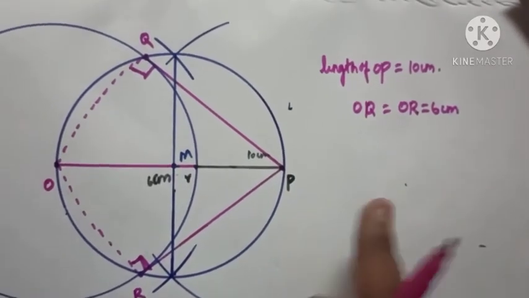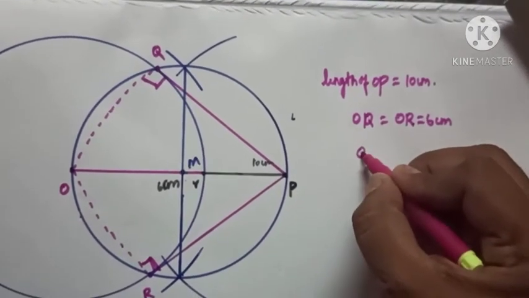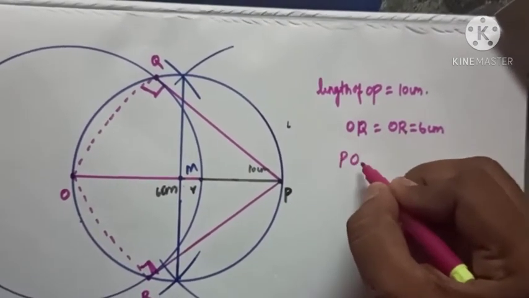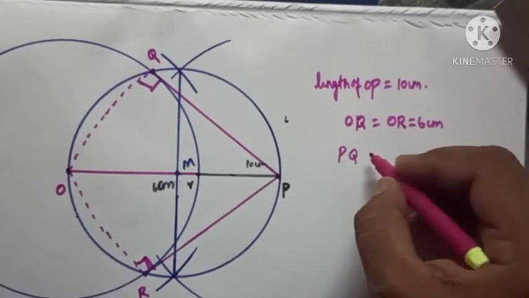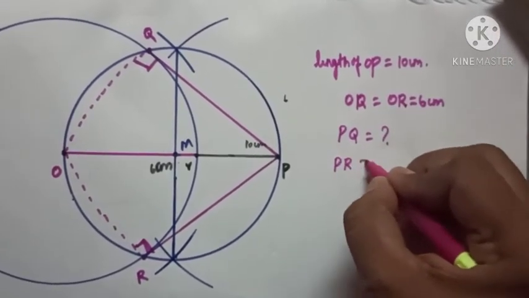So what we need to find is PQ is equal to what, and PR is equal to what.